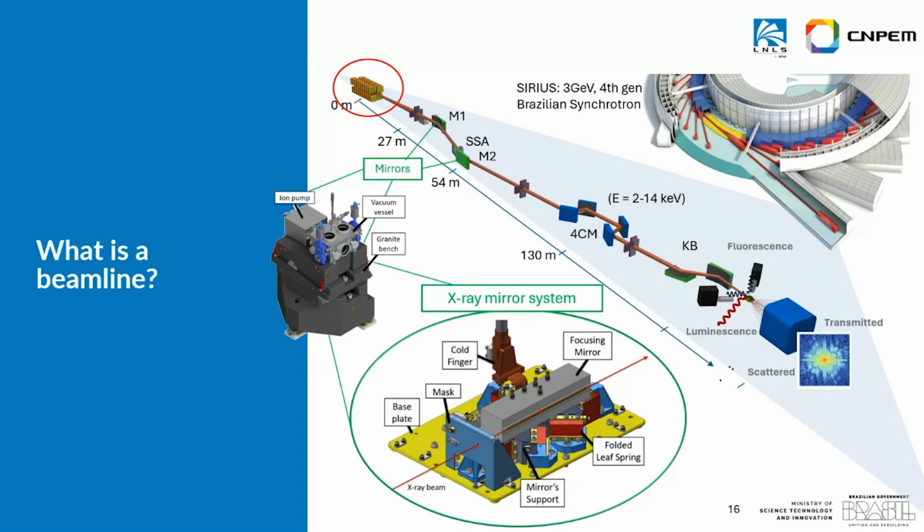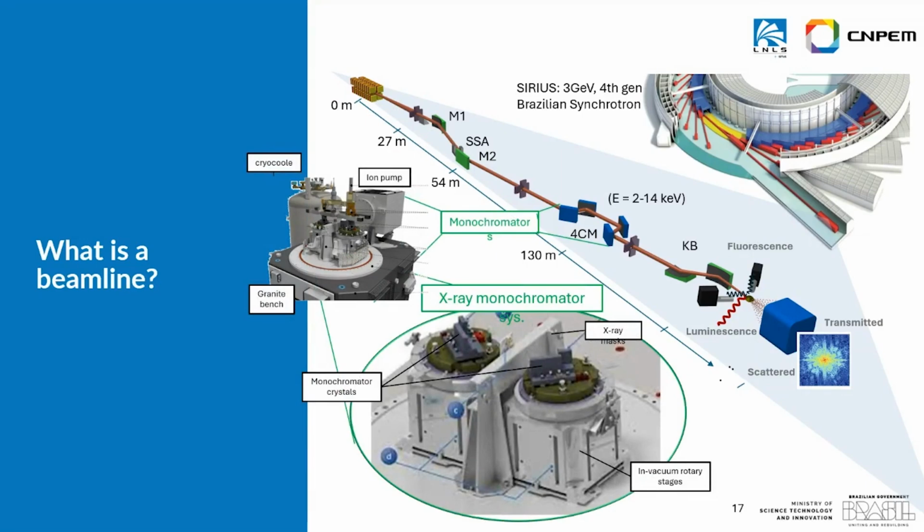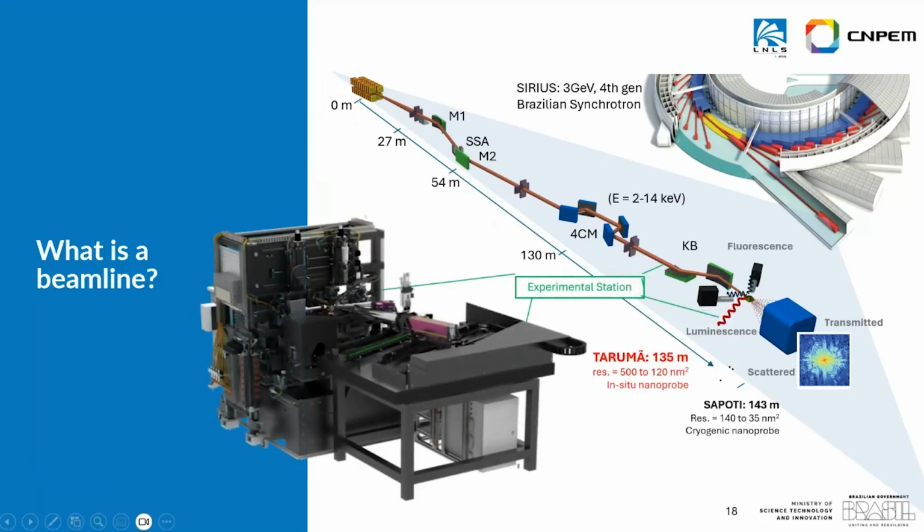Monochromators also condition the properties of the beam, to select, for instance, a certain wavelength that will be used to interact specifically with the samples that are then in the experimental station.